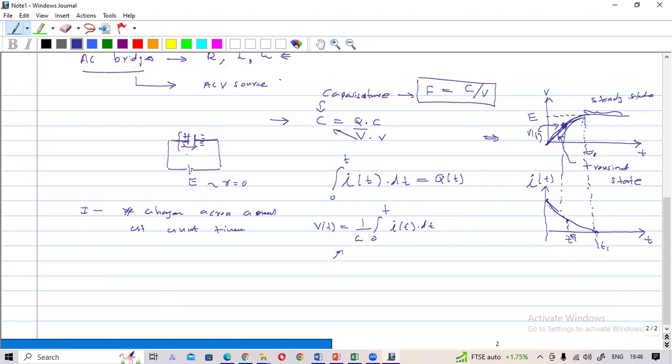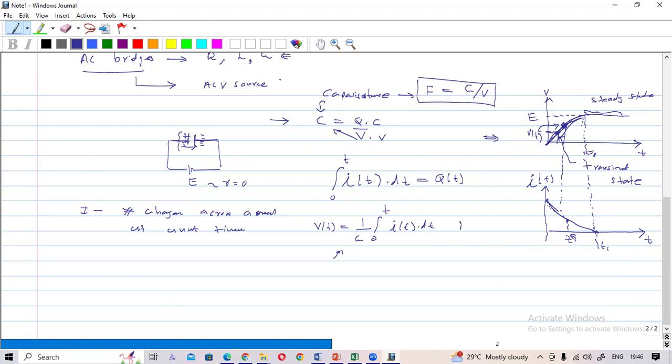And if this capacitor is already charged before you have connected it to the battery, if it is a used capacitor, it can be already charged. That means maybe you are starting from here, so it has an initial charge.